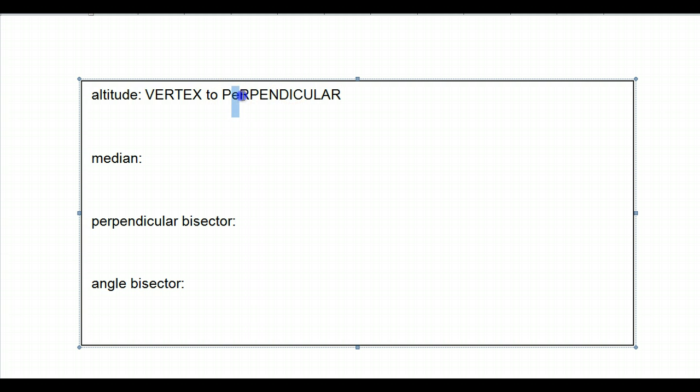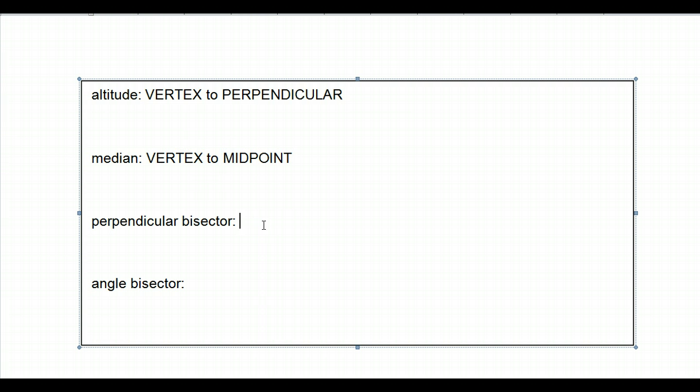But yeah, perpendicular. Vertex to perpendicular. That's what an altitude is. A median is a segment that starts at a vertex and it goes to the midpoint of a side. So vertex to a midpoint.